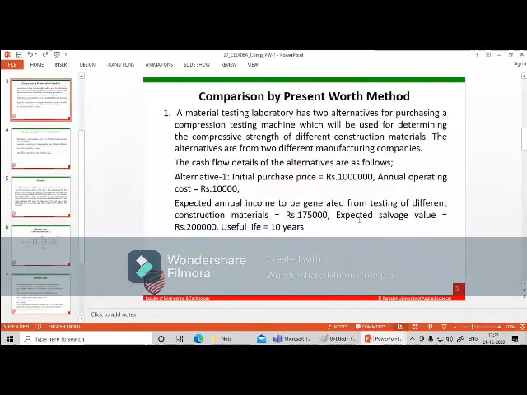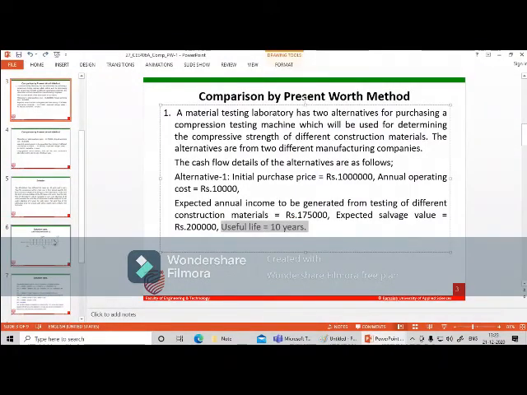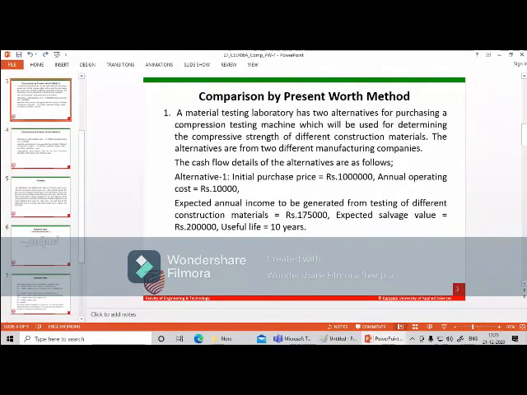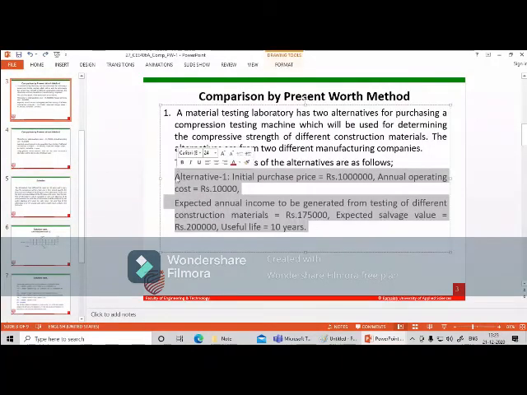So if we are having a problem, see here the same problem, with two useful lives, alternative 1 is 10 years, alternative 2 is 5 years. Now you may ask what I'm supposed to do. For alternative 1, for the 10 years, you are supposed to draw the same cash flow.